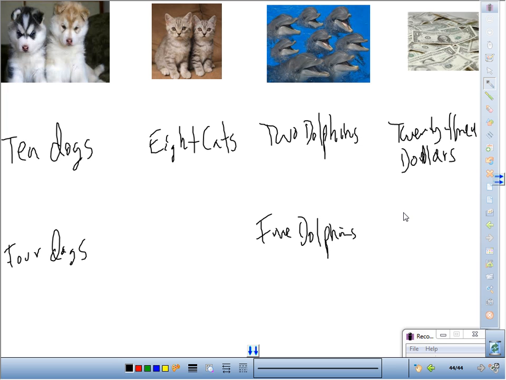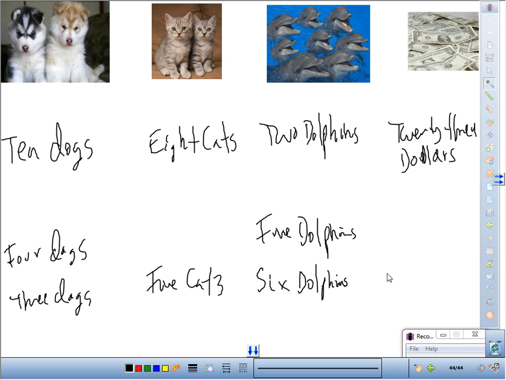It's not that I don't trust them with the money, but be nice. So the third truck gets there, and in that truck we have 3 dogs, 5 cats, and 6 dolphins.